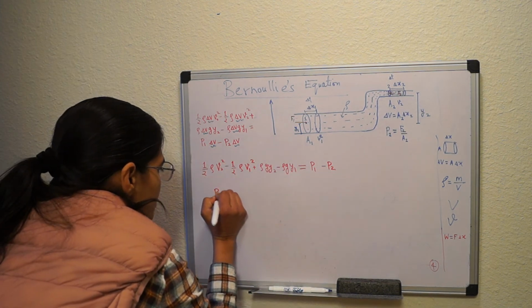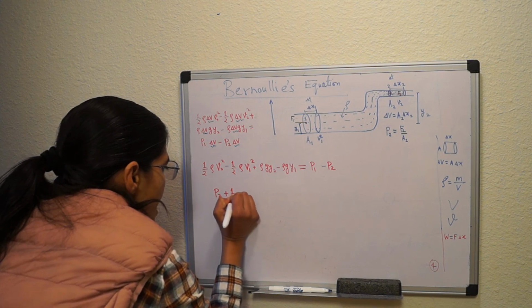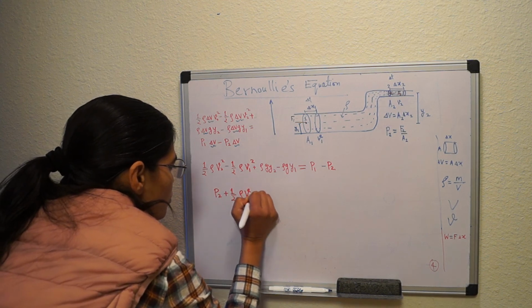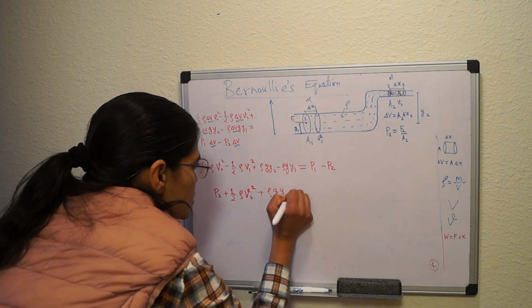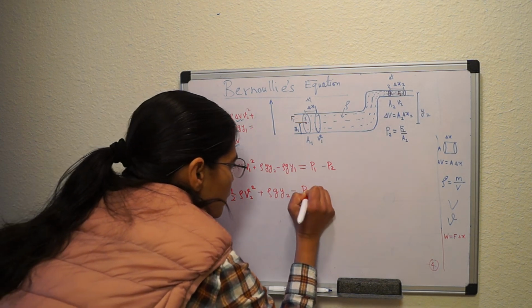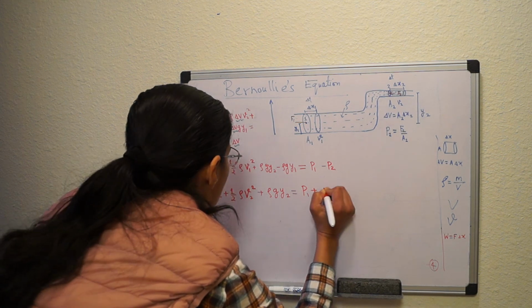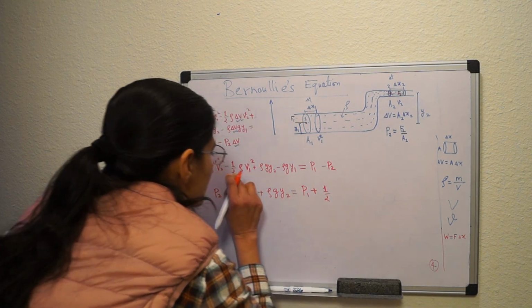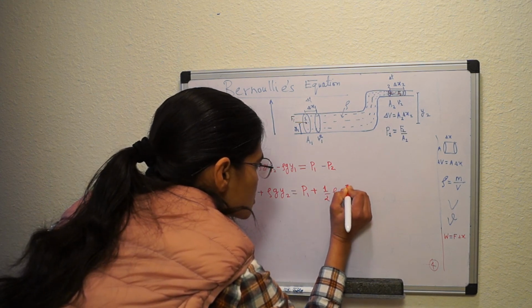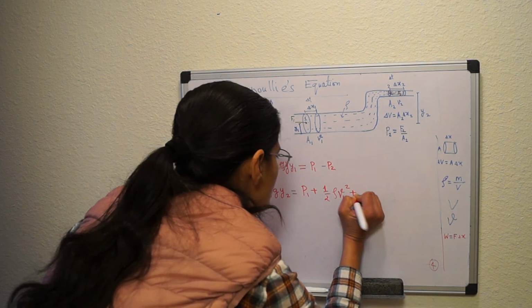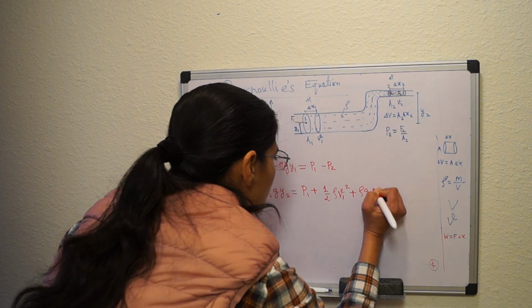So I'll get P2 plus half rho v2 squared plus rho g y2 equal to P1 plus half rho v1 squared plus rho g y1.